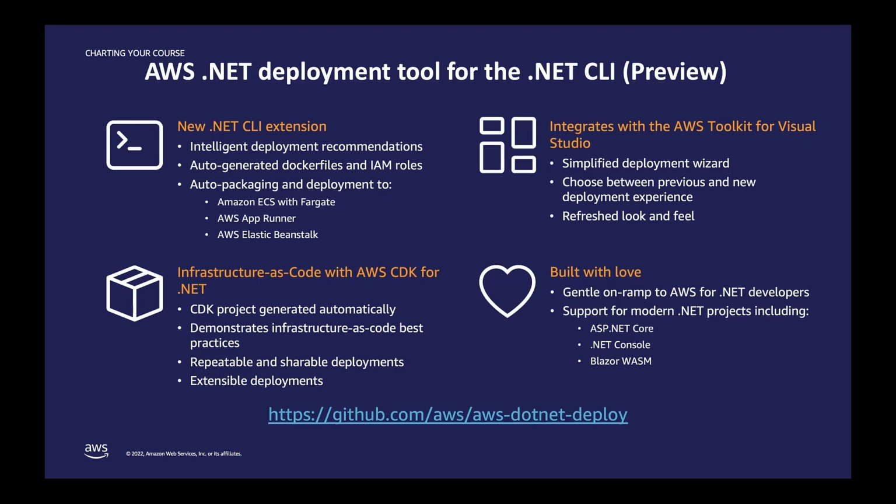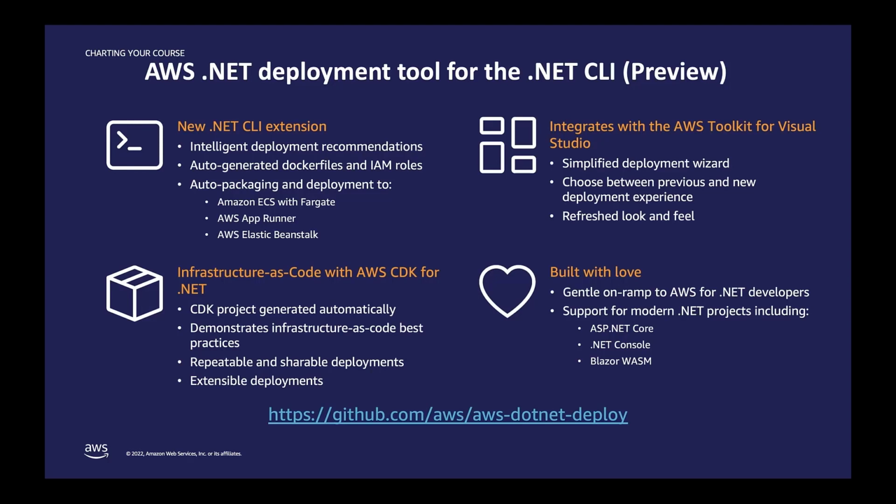The new CLI extension inspects the project and recommends the most appropriate deployment option. Currently, it supports ECS with Fargate, AppRunner, and Elastic Beanstalk. It is baked into the AWS Toolkit for Visual Studio, and as you'll see in just a bit, it provides a simplified deployment wizard. You can then modify the CDK project to fit your specific use case.